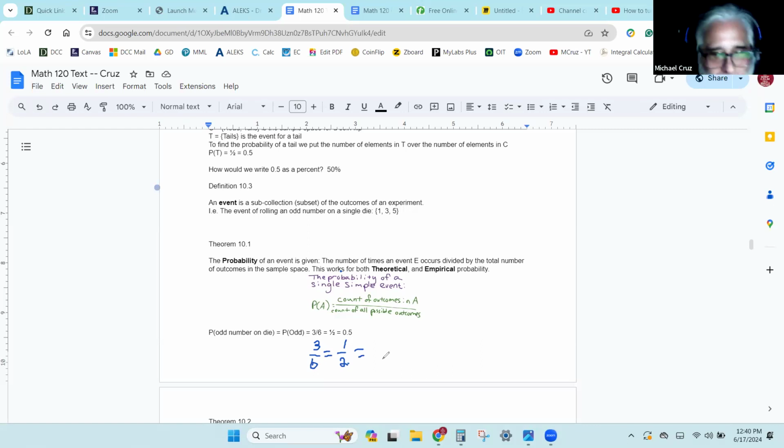It won't always be the same. Or if it says write as a simplified fraction, that's what we call an exact answer. But this could also be written as 0.5, or 50%.